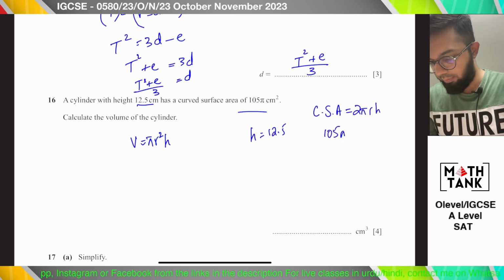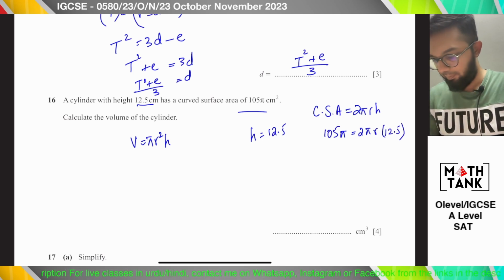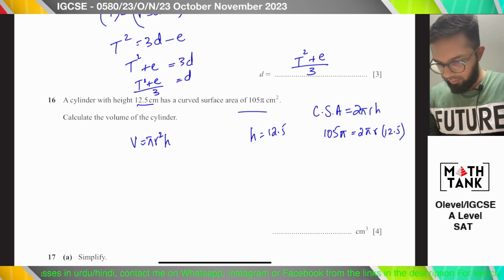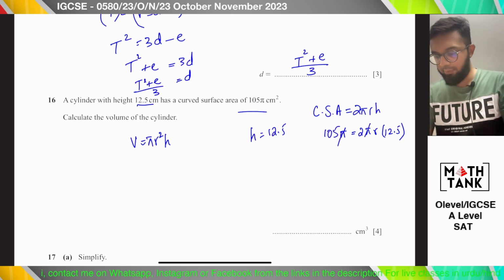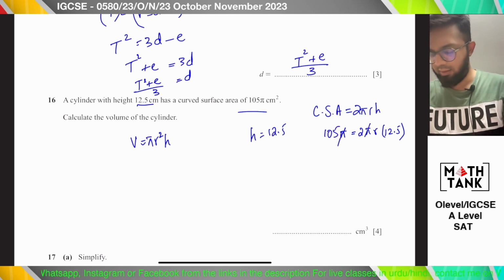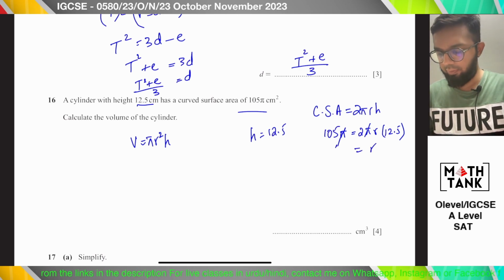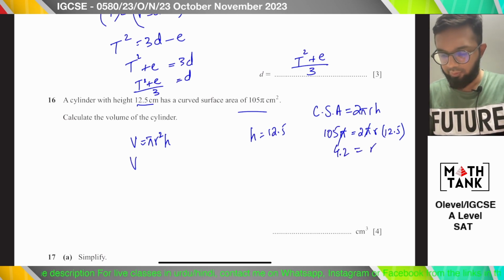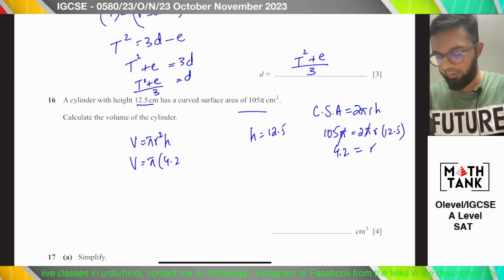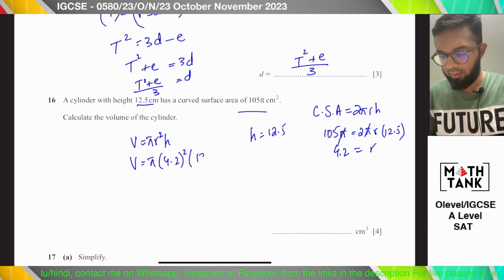So 1055 equals 2 pi r times 12.5. Okay, so it's an awkward sort of number. It's r equals 4.2. So pi times 4.2 squared times 12.5.